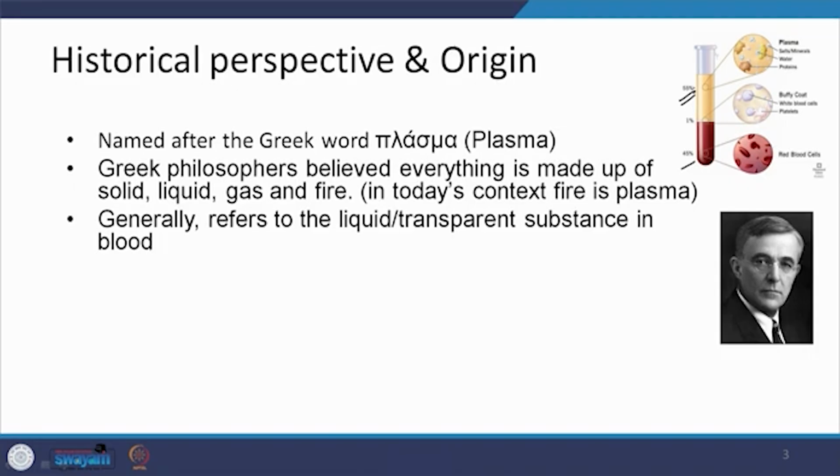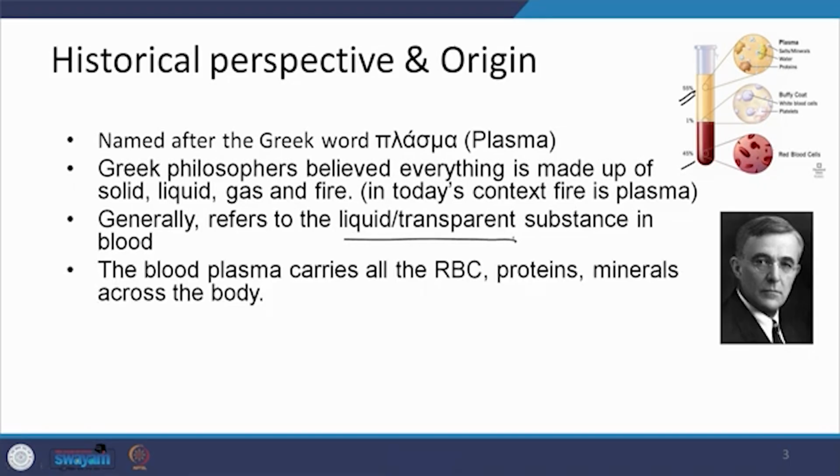So, what is plasma in this case? It is a transparent medium carrying all of these things together from one place to another. This is a watery substance which has salts, minerals and proteins. So, blood plasma carries the red blood cells and minerals across the body.